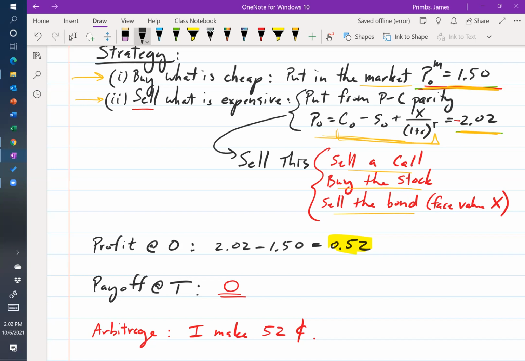So when I'm saying you buy a bond, let's do the easy case. You just stick some money in the money market. That's what it means to buy a bond. Sell a bond would mean you borrow money.